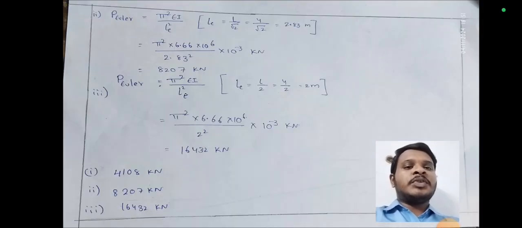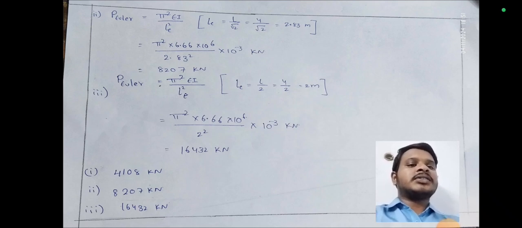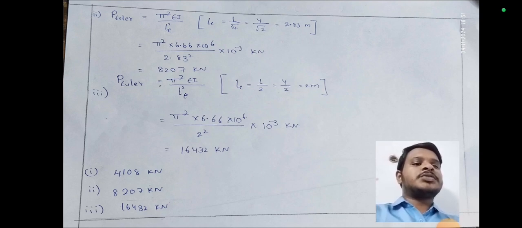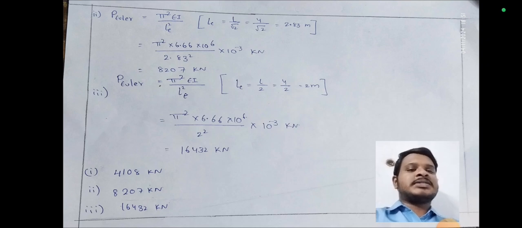And the second one: one end fixed and the other end hinged. So P Euler is equal to pi square EI by LE square. LE is equal to L by root 2, which is 4 by root 2, equal to 2.83 meters. So the formula gives pi square into 6.66 into 10 power 6 by 2.83 square into 10 to the minus 3 kilonewton.